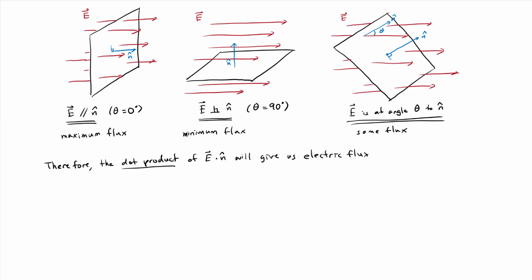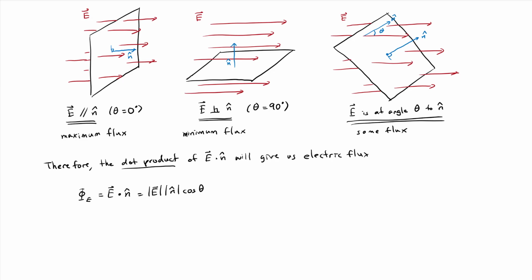So then we can rewrite the electric flux equation. We have electric flux is equal to E dotted with n hat, which is equal to E n hat cos theta.